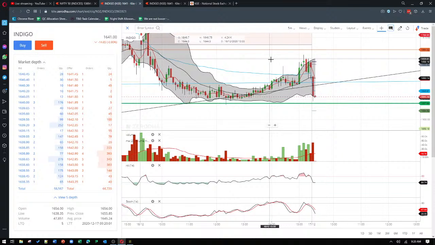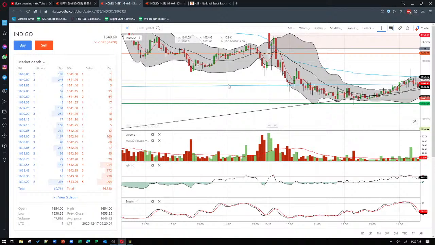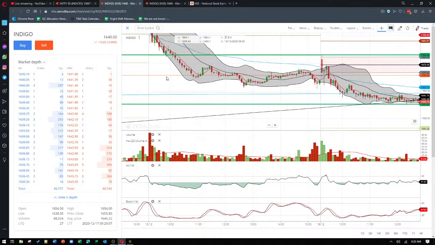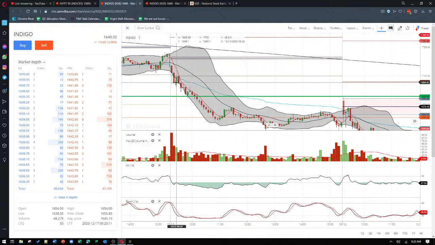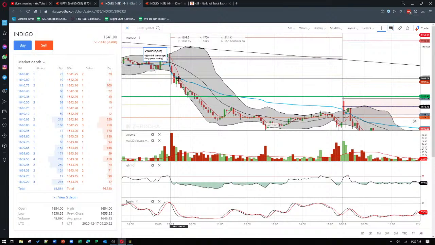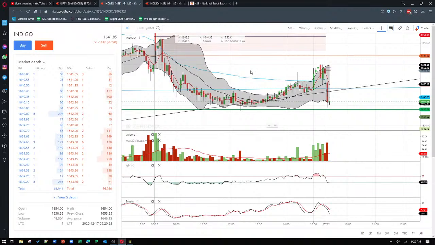Wherever the stock is below the 5, it is bearish, especially when the stock is walking on the band, trading between the 5 period moving average and the band.